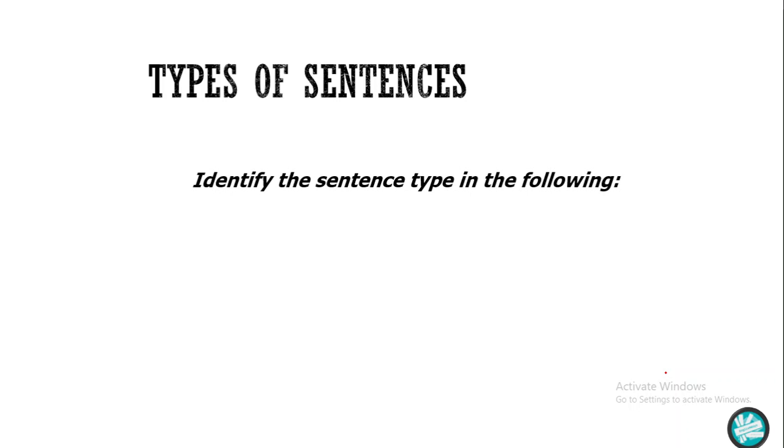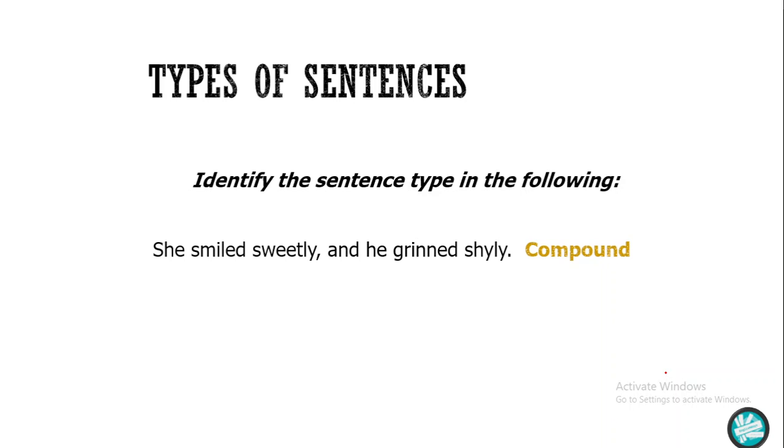You have to identify the sentence type in the following sentences. The first sentence is, she smiled sweetly and he grinned shyly. Now that is basically a compound sentence. What type of sentence is this? This is a compound sentence.